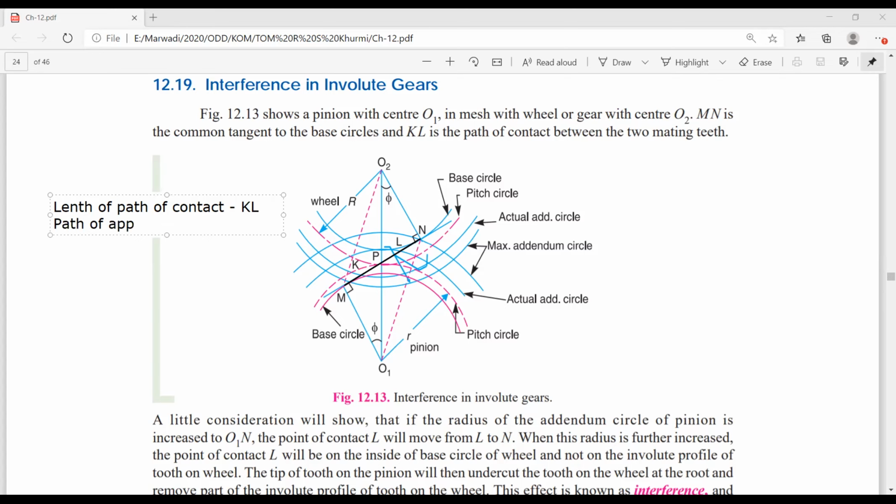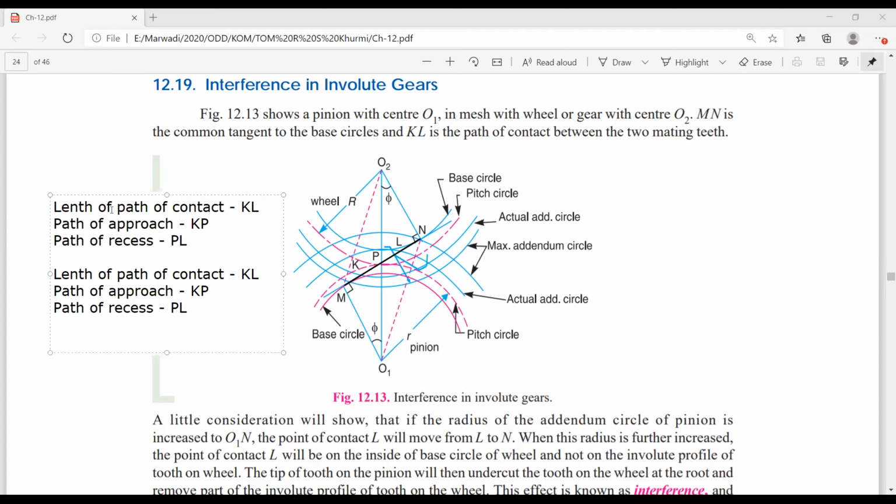The path of approach is KP. The path of recess is PL. Now the same thing applies here, but I am adding the maximum. The maximum will be MN.